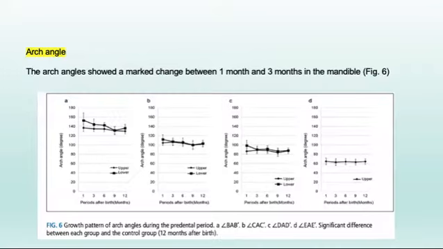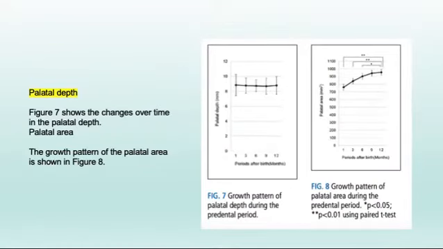Arch angle. The arch angle showed a marked change between 1 month and 3 months in the mandible. Figure number 6: the arch angle decreases significantly between 6 months and 9 months in the mandible, and the arch angle change in the maxilla was less than in the mandible.